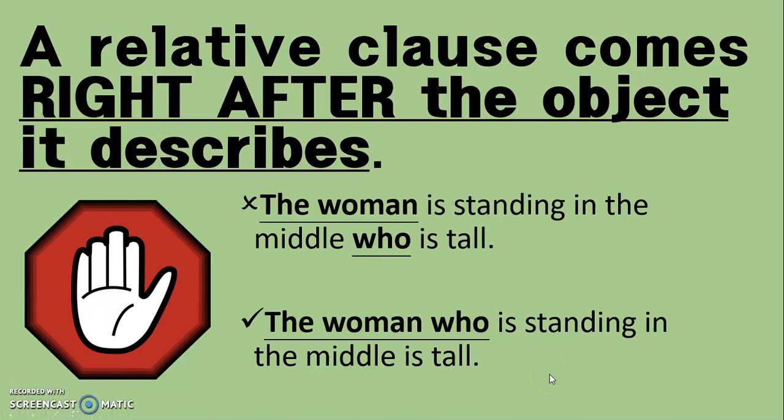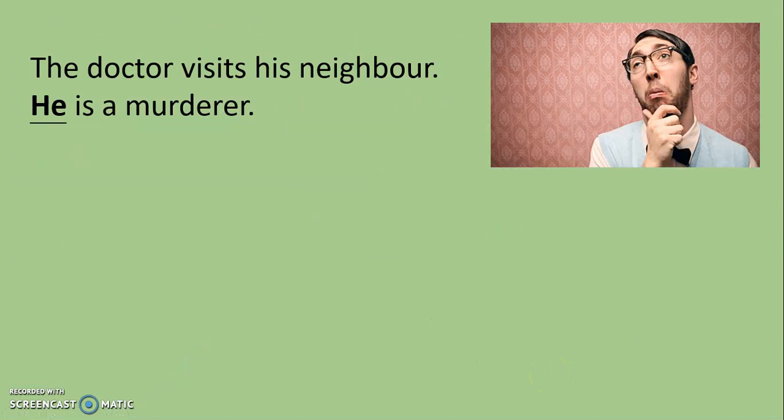Why does that matter? I'm going to show you a fun example. The doctor visits his neighbor. He is a murderer. Here comes the question. Who is he here? Is he the doctor? Or is he the neighbor who has killed?